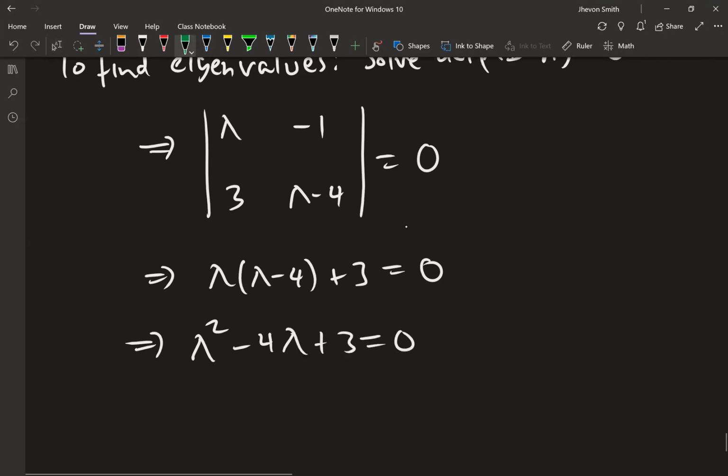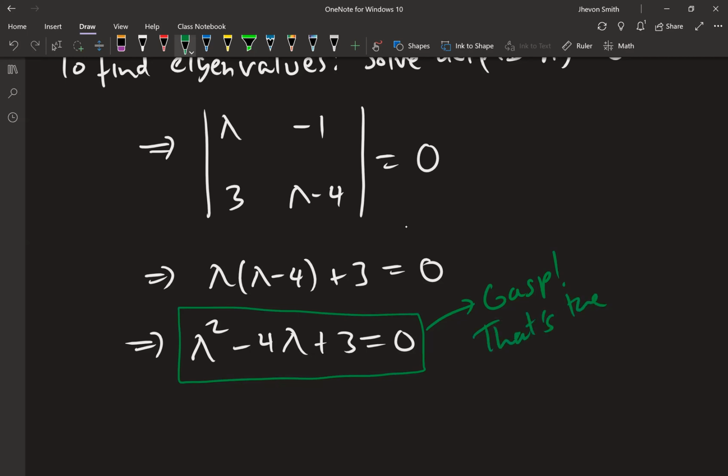And by the way, just so you can keep your bearings, at this point you should be gasping, because that's actually the characteristic equation. In linear algebra it's also called the characteristic equation, which is why in ODEs we call it the characteristic equation.